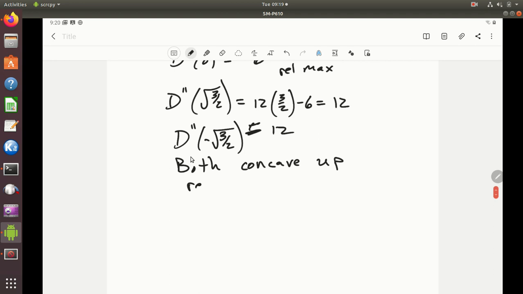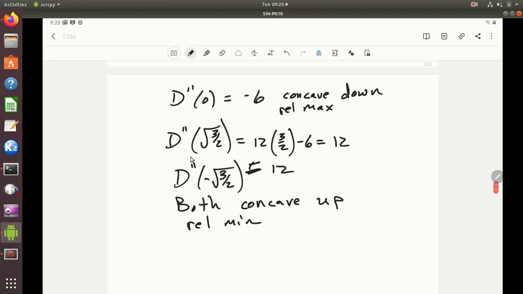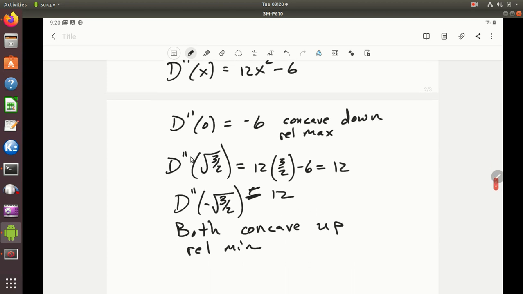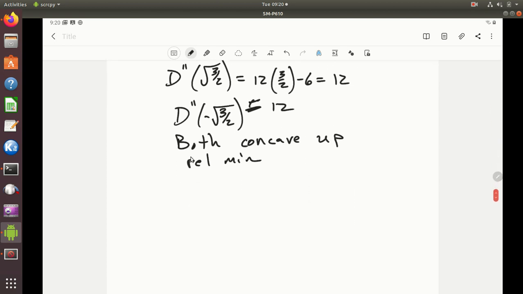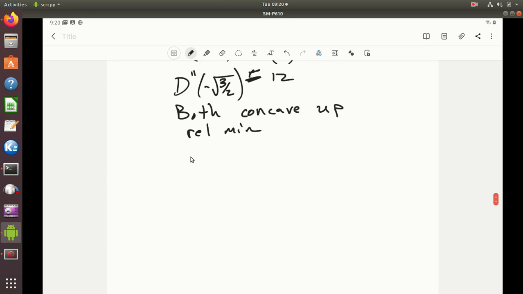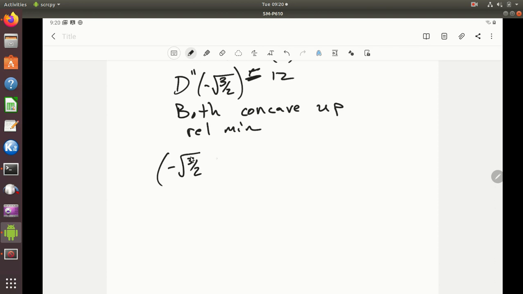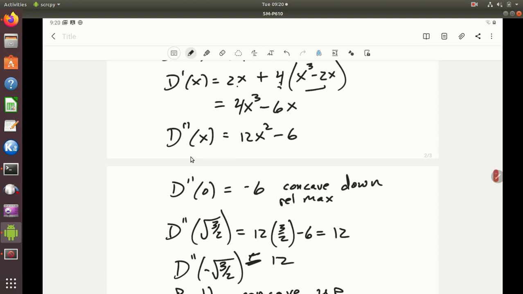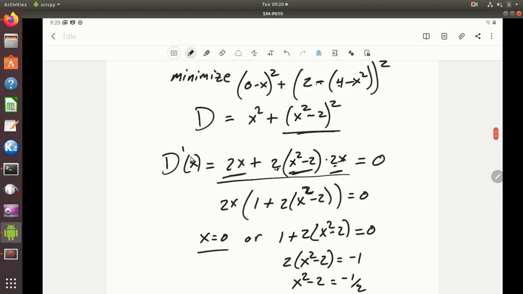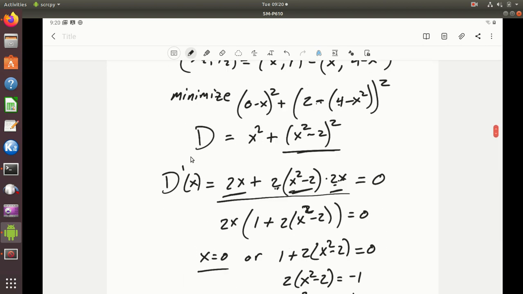And so these are our relative minimums. And so our minimum distance points are the 2 points, negative square root of 3 halves, comma. Now our original function, remember, was 4 minus x squared.